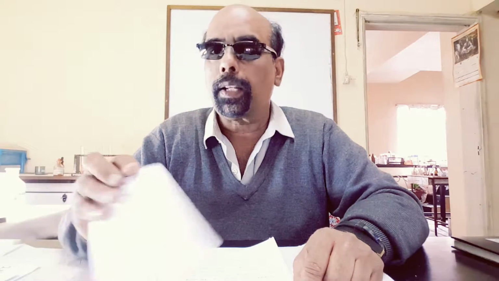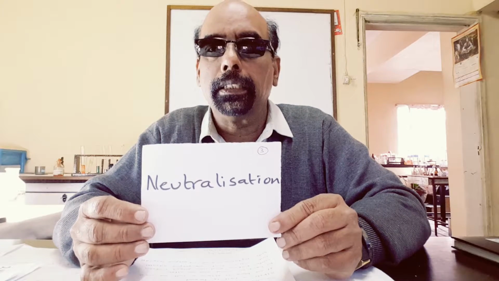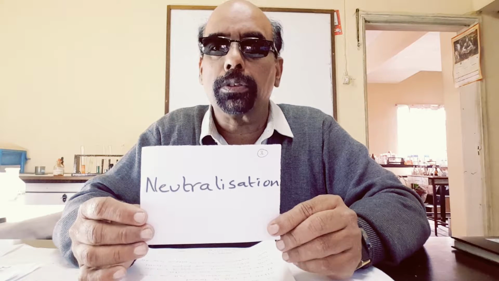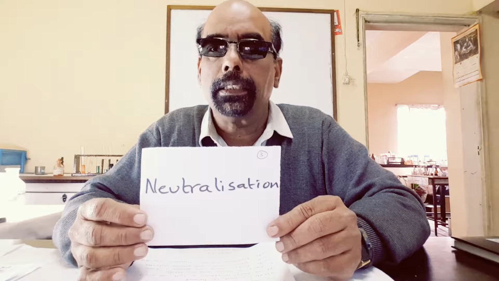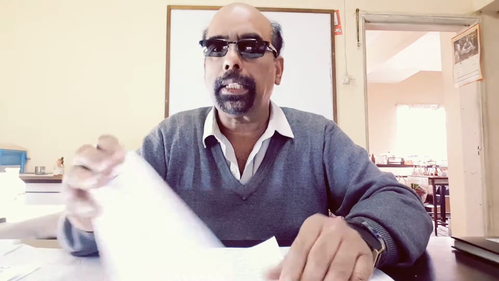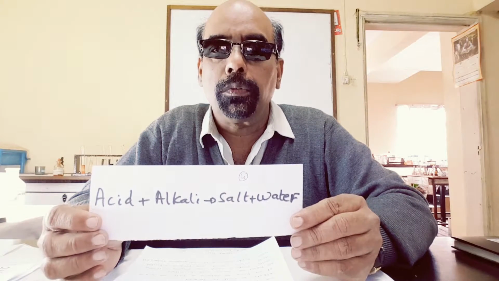Acids react with alkalis. The reaction is known as neutralization. The reaction between an acid and an alkali is known as neutralization. The reaction between sodium hydroxide and sulfuric acid is known as neutralization. So when an acid reacts with an alkali, products are formed.